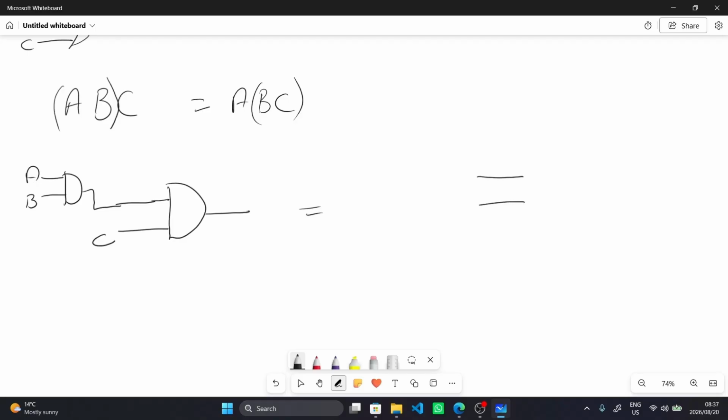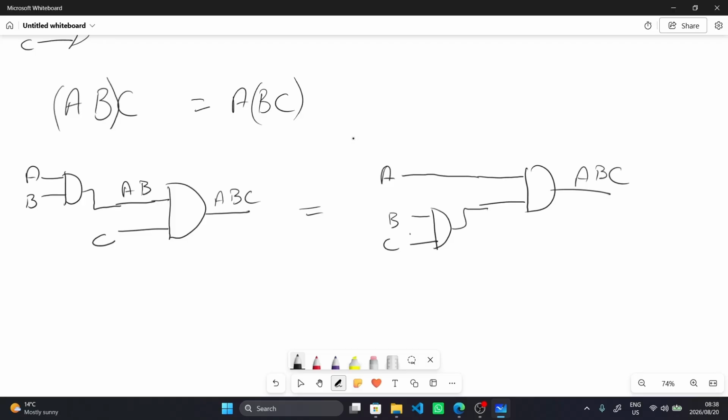Similarly, you have A times BC, so our input will be A, then we'll have another AND gate, with BC times A as your output, right? And it's still going to give you the same output. You have AB and BC here, and A here and C there. Right, so that was your associative law.